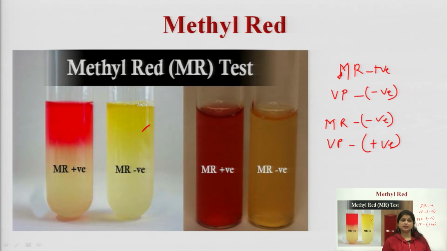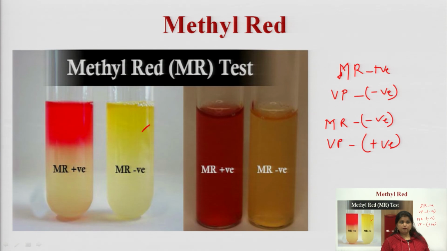The MR test and VP test are always carried out simultaneously, to cross check whether MR positive bacteria are there or not: MR positive will give a VP negative test and MR negative bacteria will give a VP positive test.